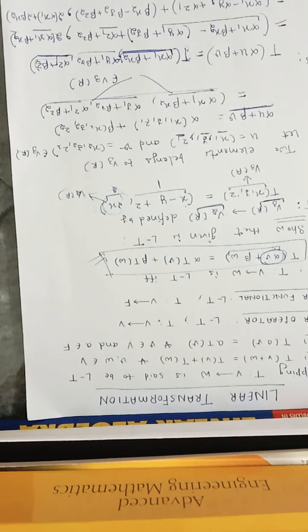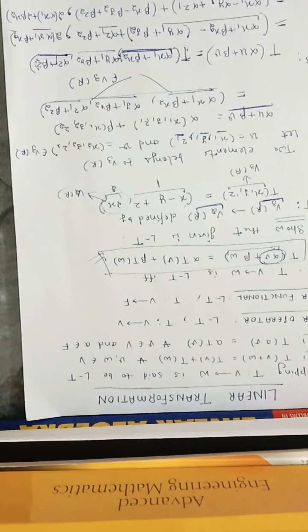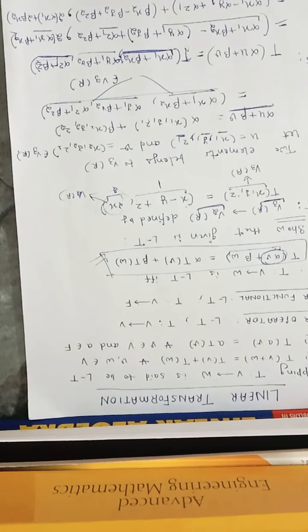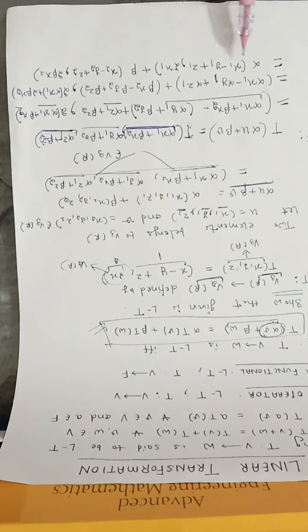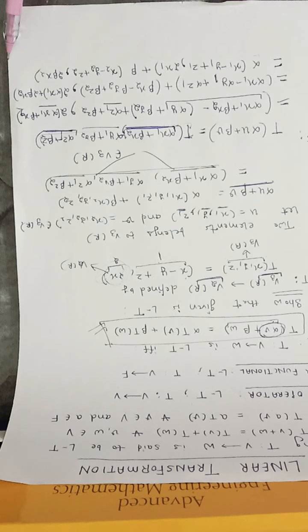Right? Now this is equal to alpha times x1 minus y1 plus z1, comma twice of x1, plus beta times x2 minus y2 plus z2, comma twice of beta x2. Right? We can do it like this, I am taking just alpha components and beta components.